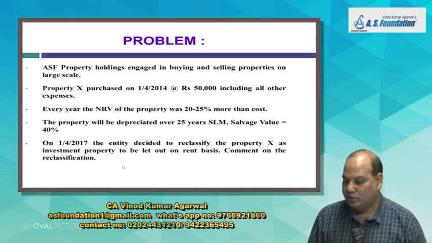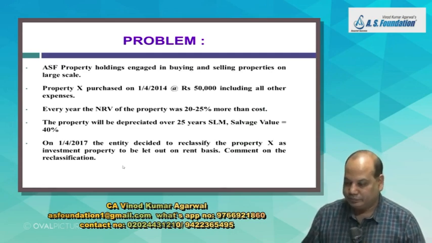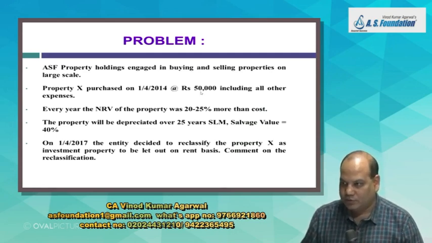So my question is, what is the carrying amount of investment property? You will take 50,000, provide depreciation for how many years? 3 years. 50,000, your salvage value is 40%. 50,000 minus 40%, divided by 25 years. 1,200 into 3 years, 3,600.